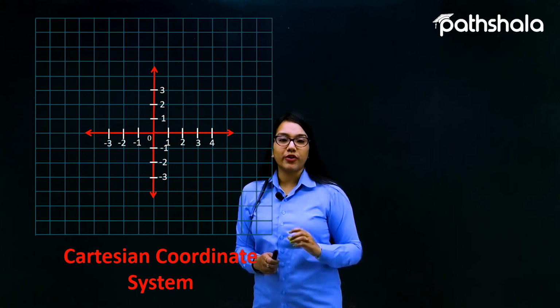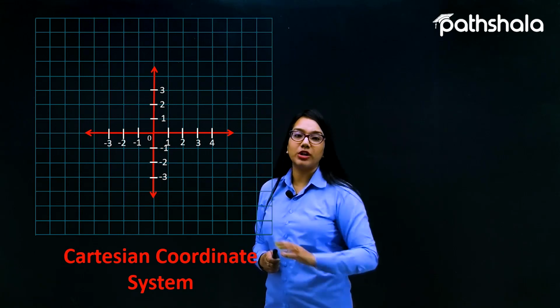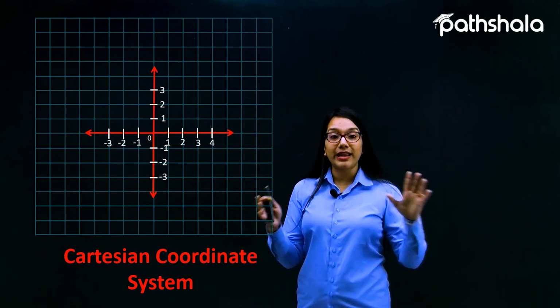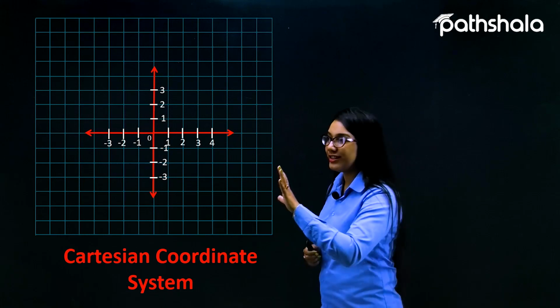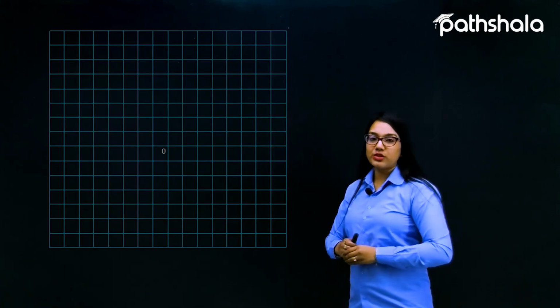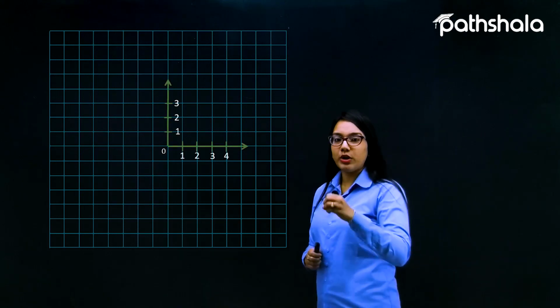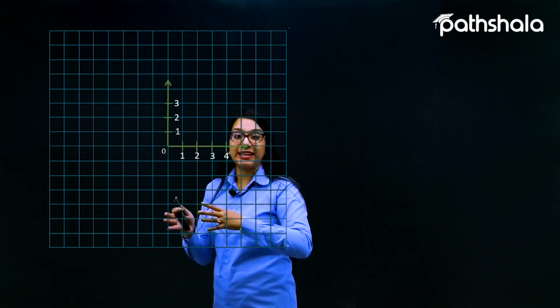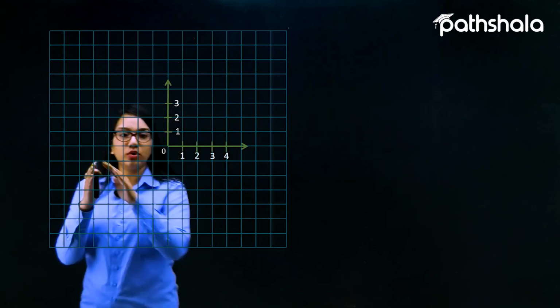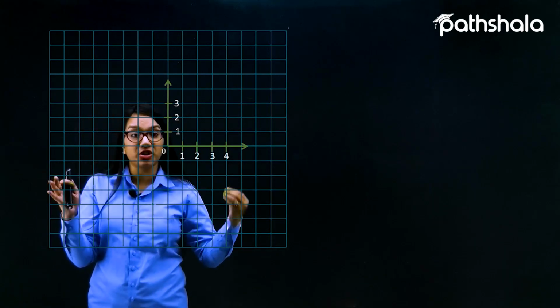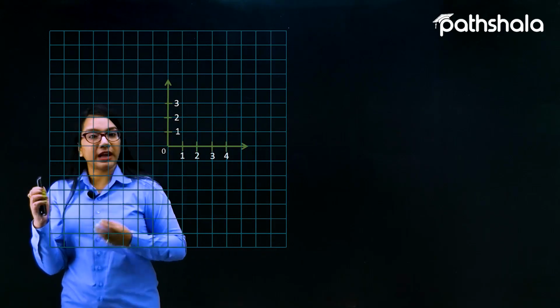Let's further talk about this system, because there are various elements related to these two lines. We have already seen the two number lines, in which we have some positive numbers and some negative numbers.